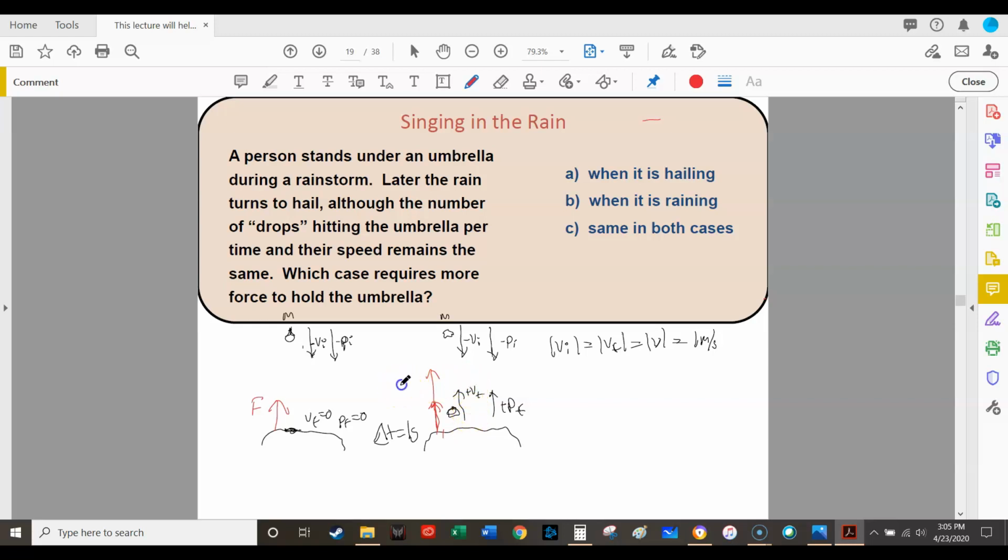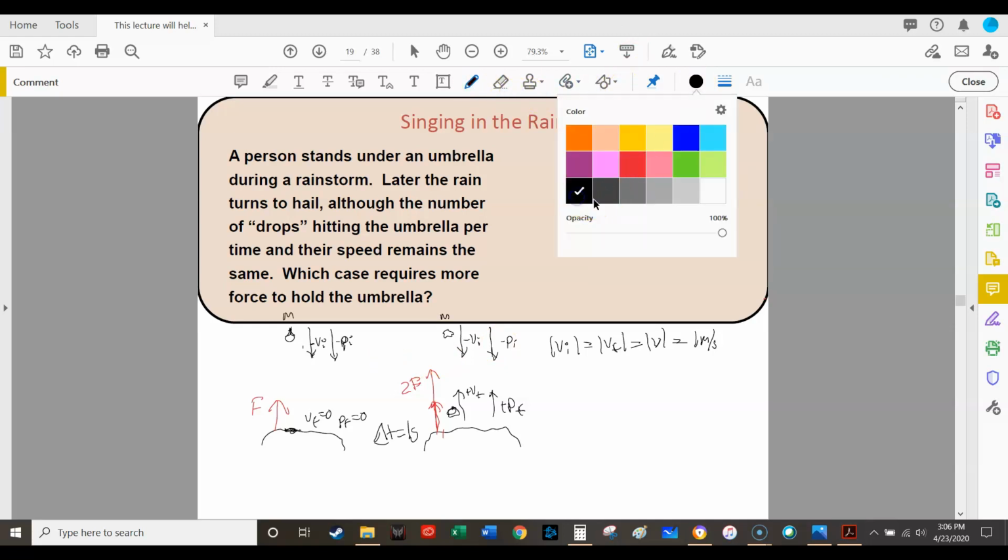So I'm thinking it's going to have to be twice the force of the rain. The raindrop is going to require just a force to bring it to a stop, while the hail is going to require the same force to bring it to a stop, but then a second force to speed it back up to its original speed. So in a way, it's kind of interesting. You've got to think of it as two different forces.